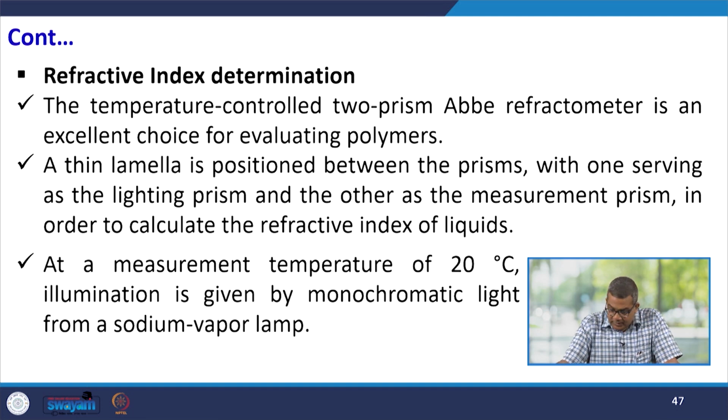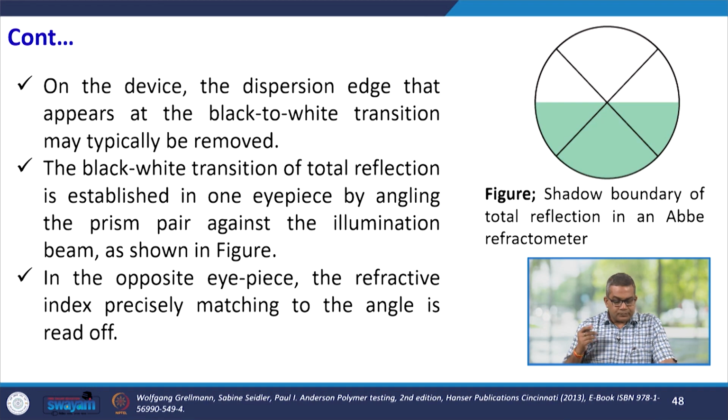Now, refractive index determination: the temperature-controlled two-prism Abbe refractometer is an excellent choice for evaluating polymers. A thin lamella is positioned between the prisms, with one serving as the lighting prism and the other as the measurement prism, in order to calculate the refractive index of a liquid. At a measurement temperature of 20 degrees Celsius, illumination is given by monochromatic light from a sodium vapor lamp.